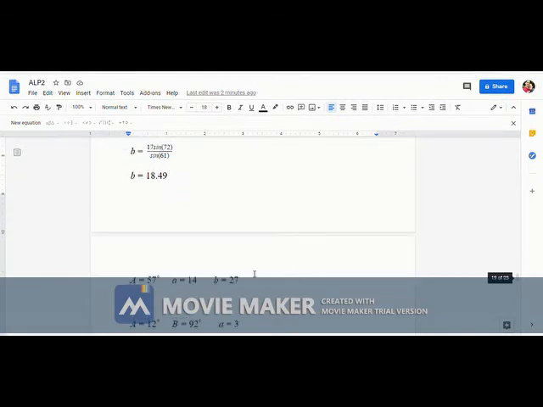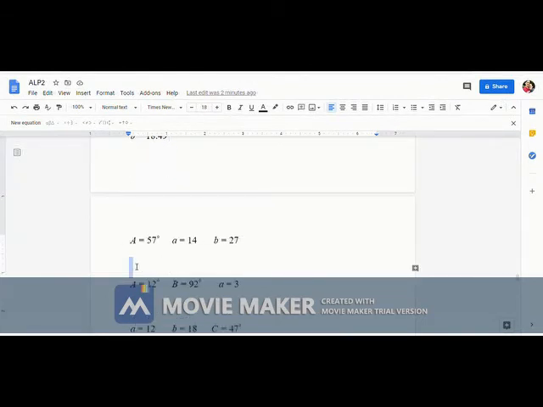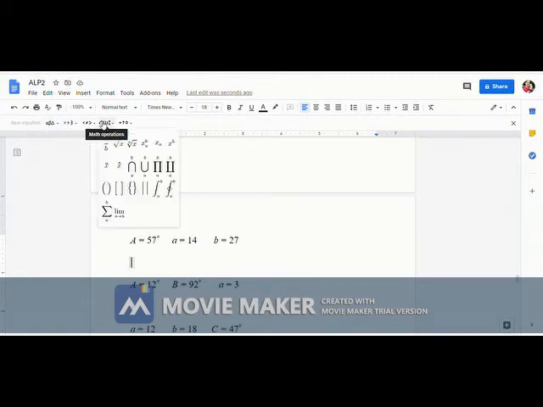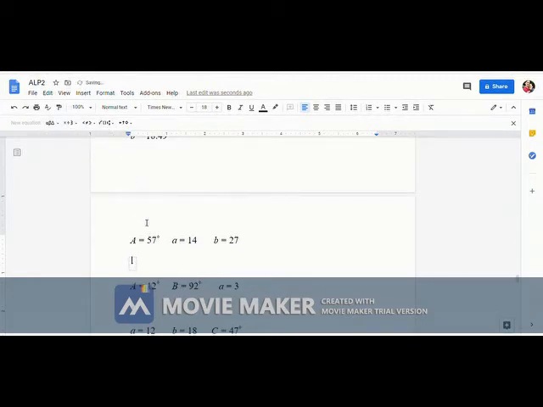Alright, next we're going to move on to this triangle. And so we have a side and its opposite angle, and then another side. So we know once again we can use that law of sines. We'll put the sines in the numerator since we're looking for sine B here.